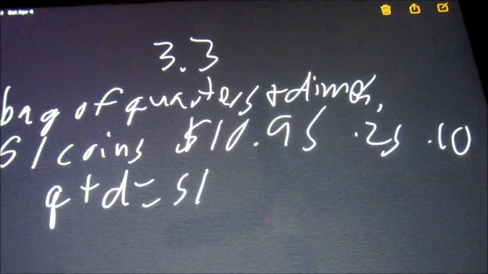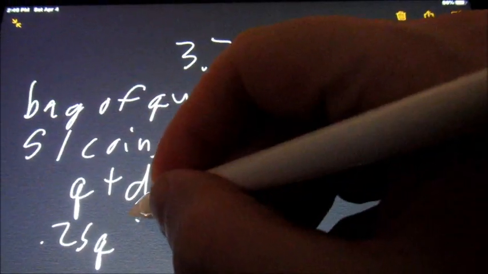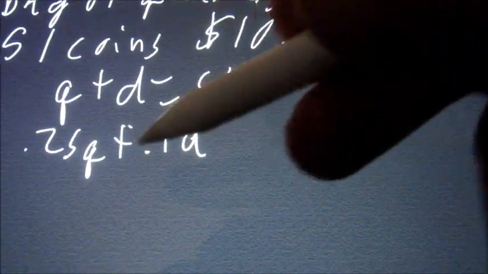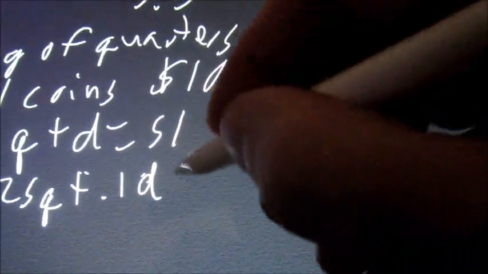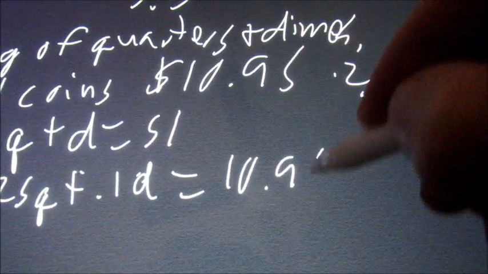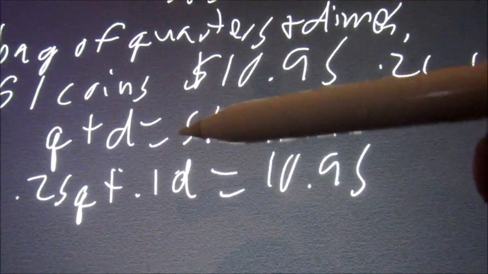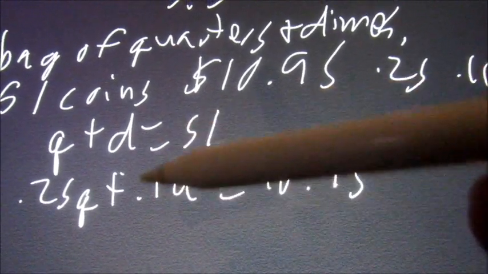We also know that 0.25Q plus 0.1D equals 10.95. So what we have to do is put this first equation into this one.